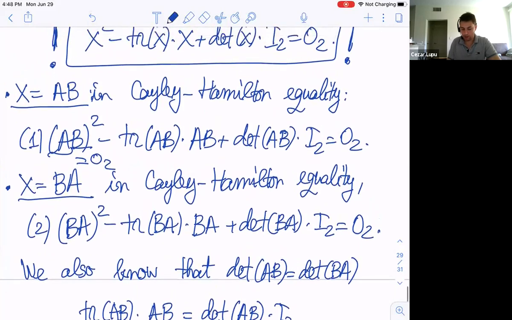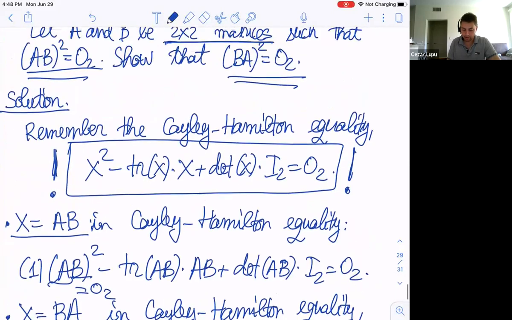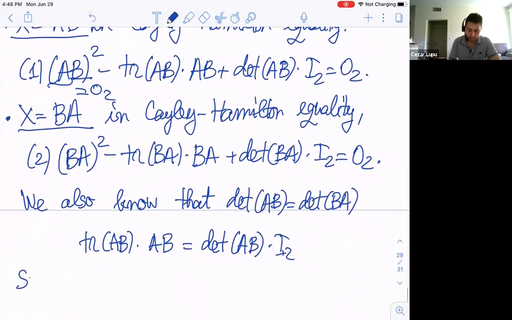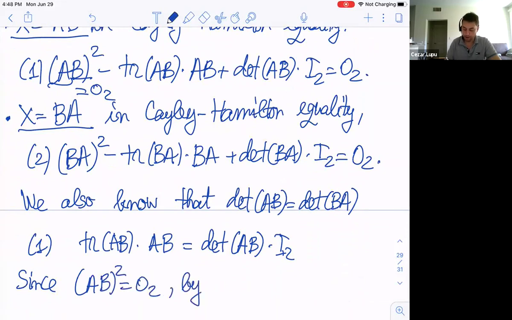But I also know something. Since AB squared equals the null matrix, from relation 1, we can take the determinant.